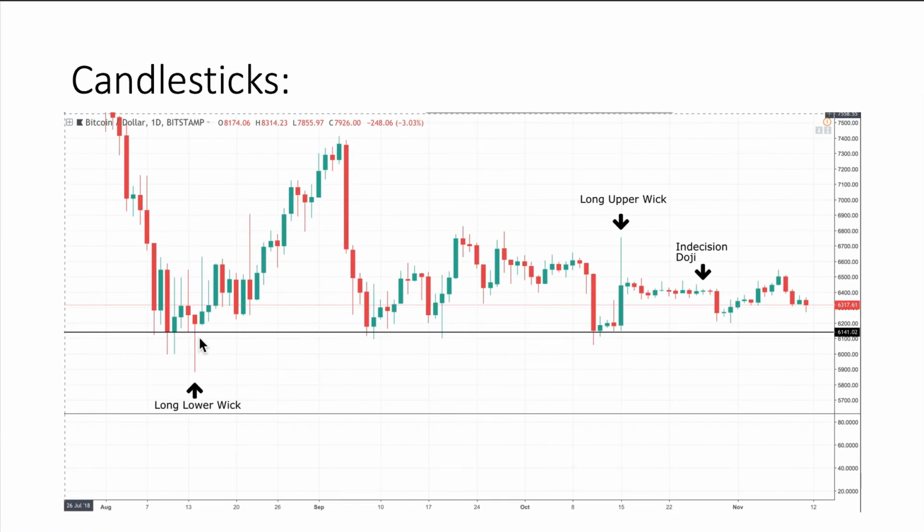The fact that there are several wicks below this line indicates that it is a level of support the bulls are defending. Traders often identify support levels and resistance levels on the charts to help them decide when to buy or sell assets and where to set their stop losses. We will discuss more about support and resistance levels in later videos.